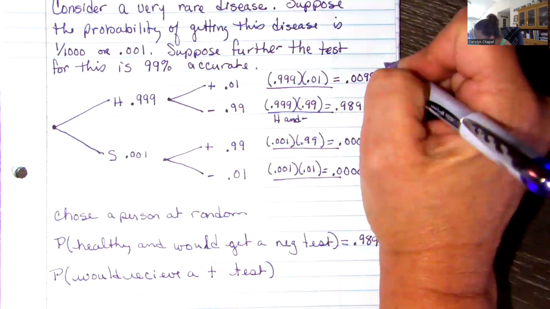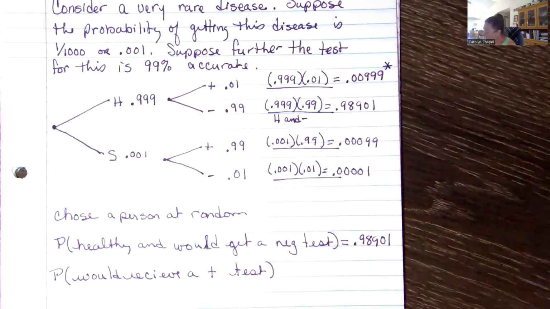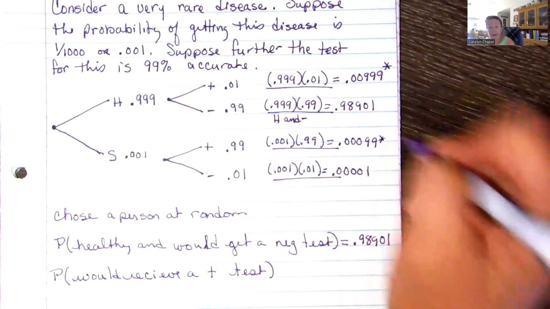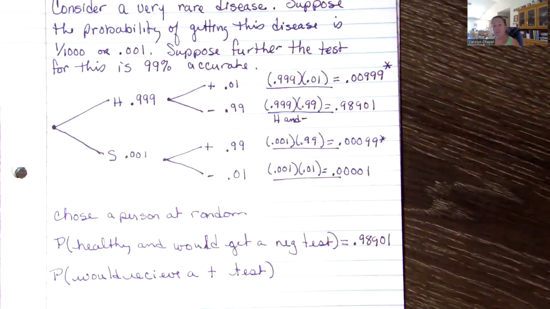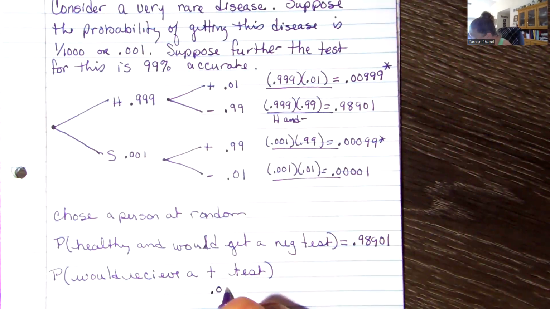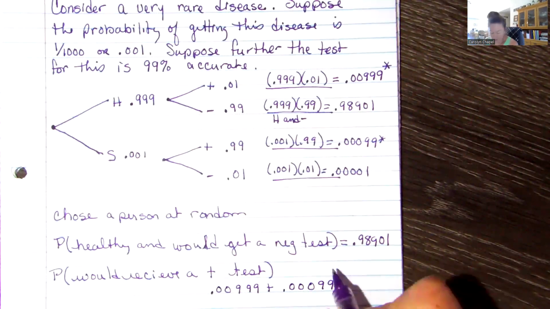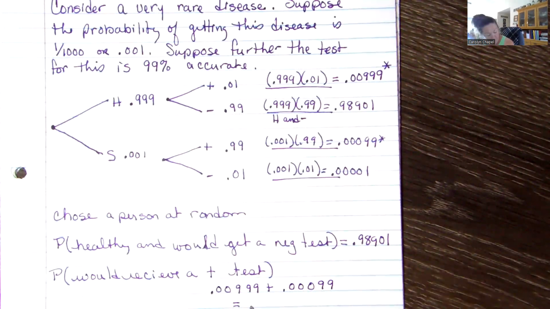And that's this branch up here, or we could have been down here at this branch. So now remembering that these two branches are mutually exclusive, they have nothing in common with one another, which means we can simply add those two numbers together. 0.00999, and we're going to add that 0.00099. And if I add those two together, we get 0.01098.